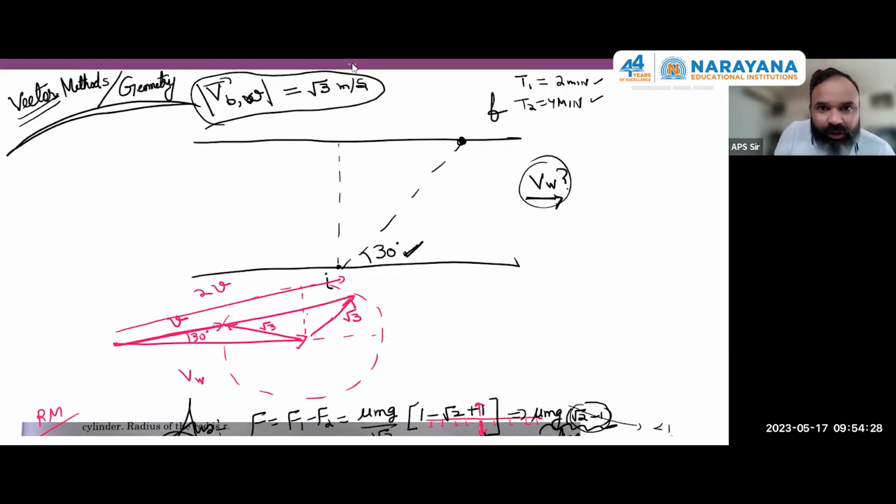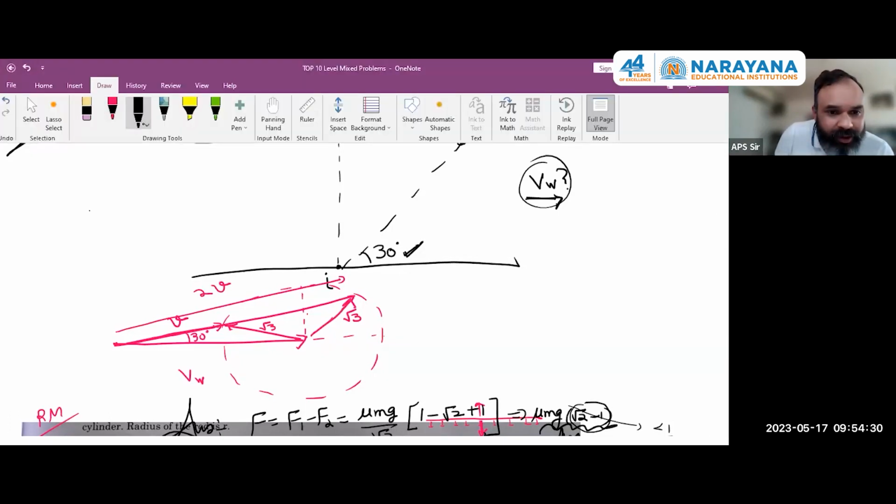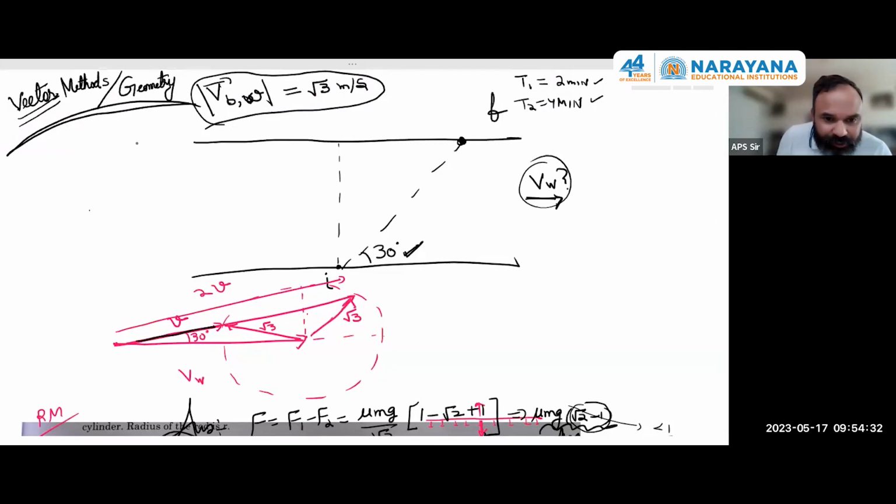So basically now it's a simple geometry problem. This edge is V, this is 2V. So this edge is also V. Forget vectors now. This line √3, this line √3, this line VW. VW needs to be calculated. So what I will do now, I'll drop a perpendicular from this side on this chord. Now remember, if this is V, this is V by 2, this is also V by 2.